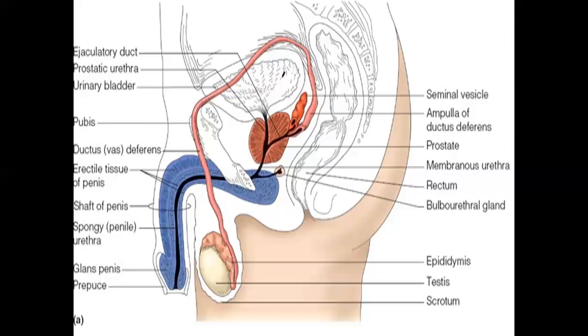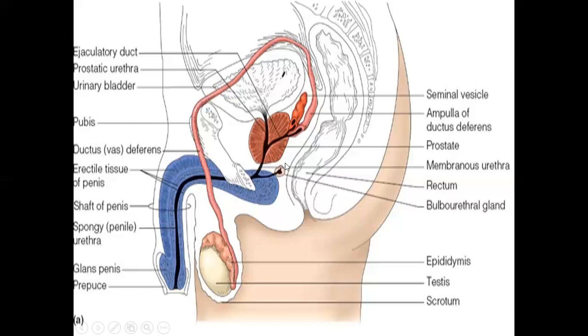So we get to see a less acidic secretion now because of the alkaline mucoid fluid secreted by your bulbourethral gland. Take note of these exocrine glands. The majority of the seminal fluid is secreted by your seminal vesicle.